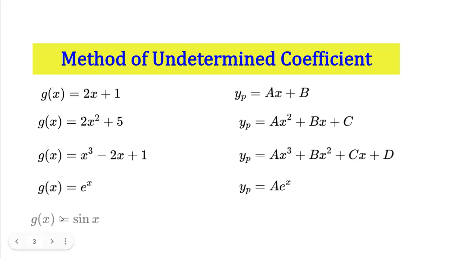Lastly, if g of x is some trigonometric function of x, you can guess the particular solution to be yp equal to a cos of x plus b sin of x. So this is the first and foremost thing you need to note in guessing your particular solution for g of x functions.